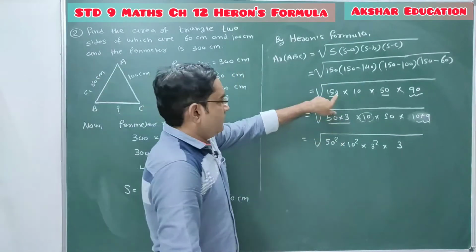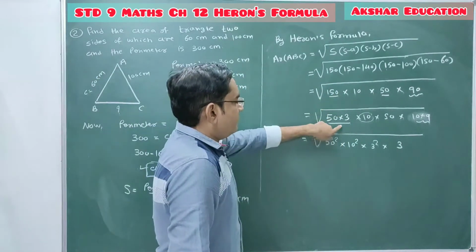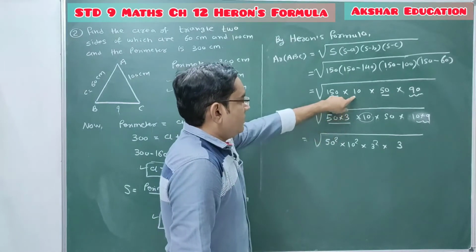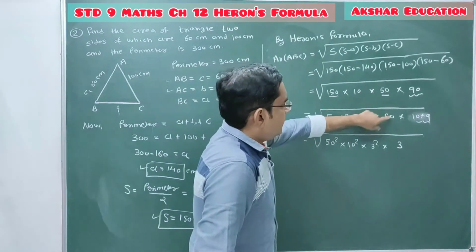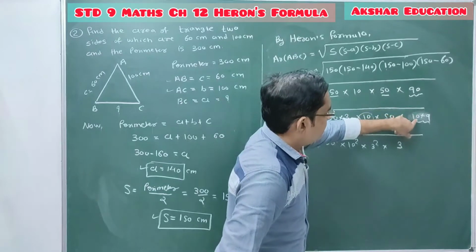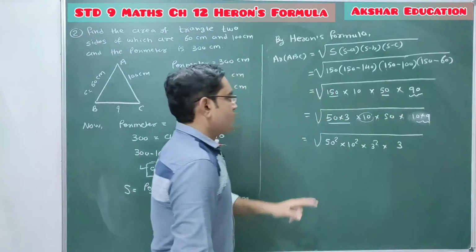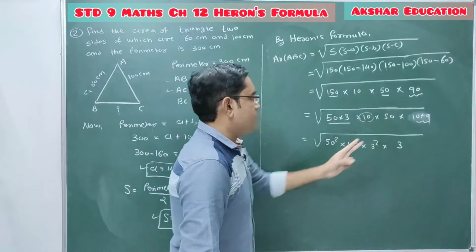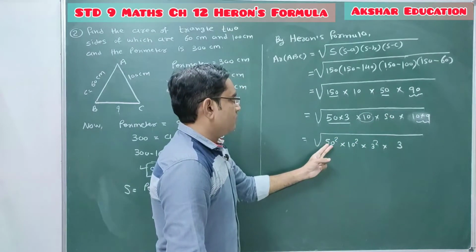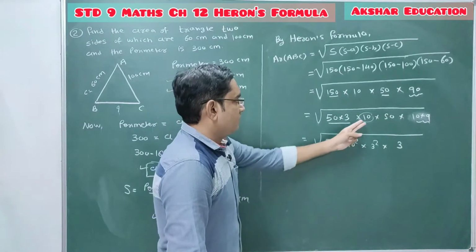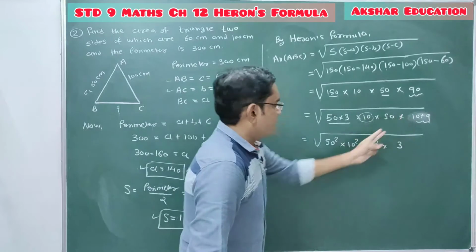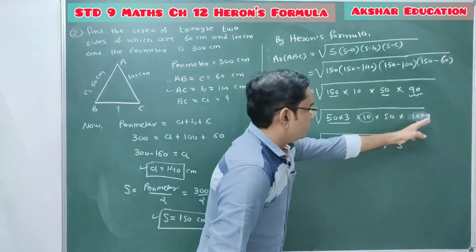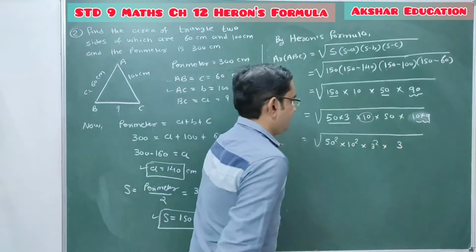See what we did: 150 is divided into 50 into 3, 100 as it is, 50 as it is, 90 is divided into 10 and 9. So now combining, 50 into 50, 50 square, this 10 into 10, 10 square, this 9 as 3 square, and 3 as it is.